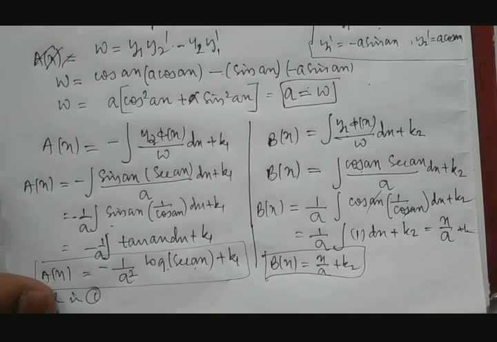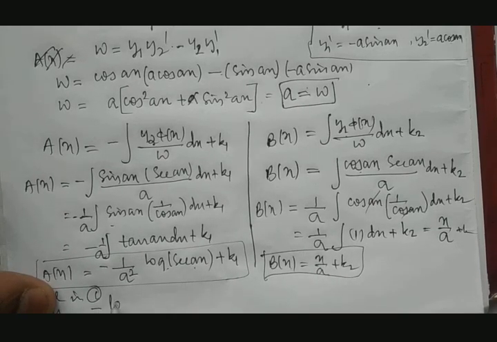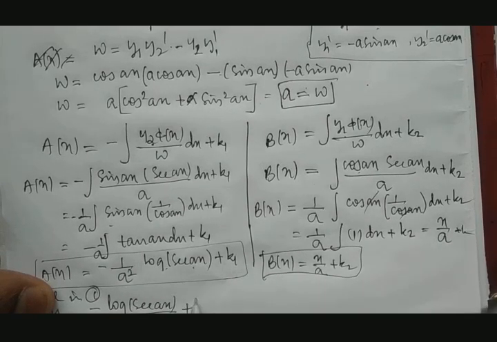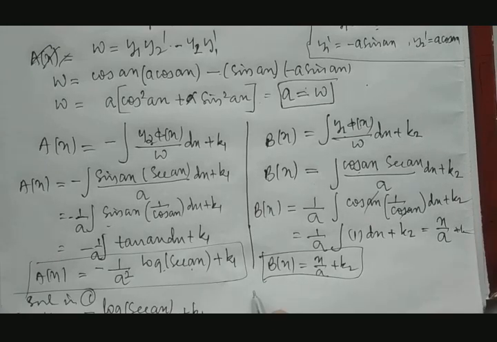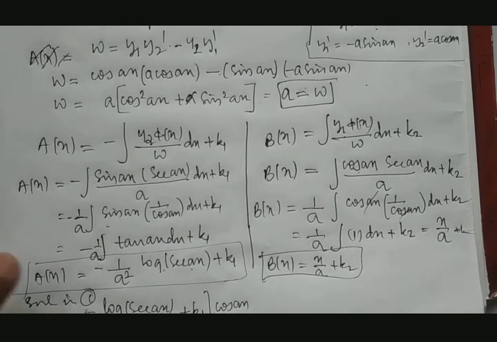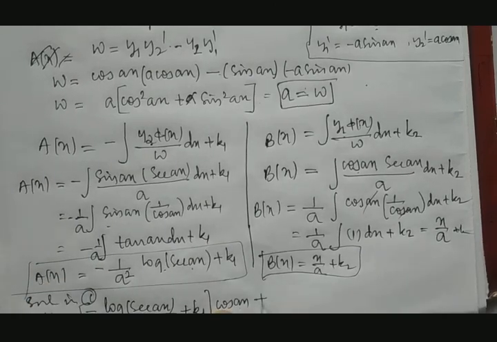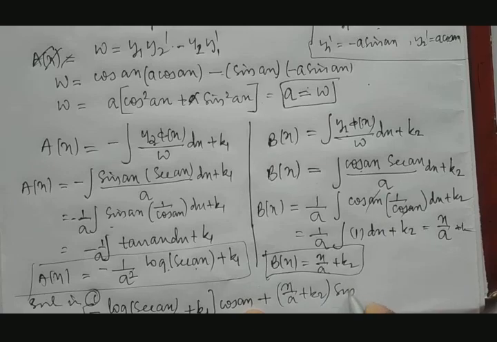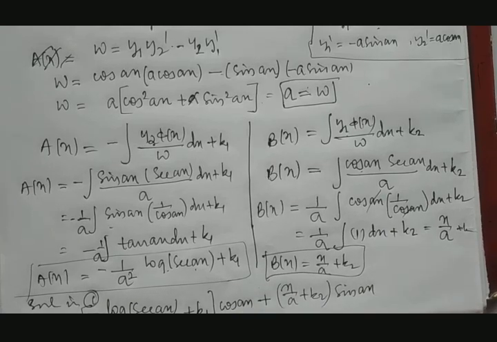The value of A of x is minus log of sec ax divided by a square plus k1, that into cos ax, plus B of x, which is x by a plus k2, that into sin ax.